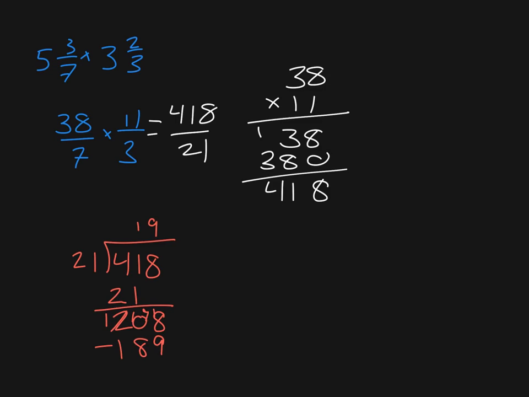And we should get 19, which we do. So we get 19 and 19 over 21. So here, I'll just draw an arrow since I took up my space there. So writing 418 over 21 as a mixed number is 19 and 19 over 21.